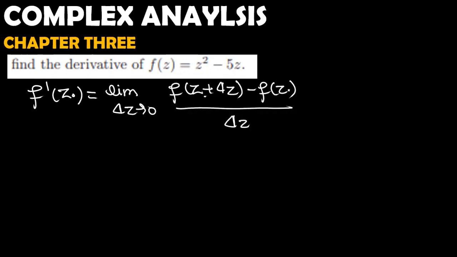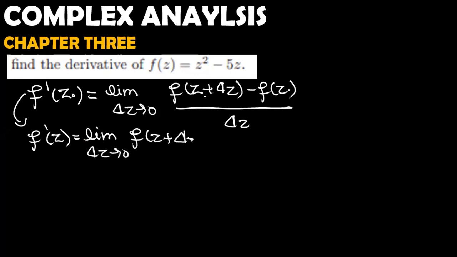In this formula, we first replace z0 by z, because in our given function they have used the point z. So the formula becomes f dash of z equal to the limit as delta z approaches 0 of f of z plus delta z minus f of z over delta z.